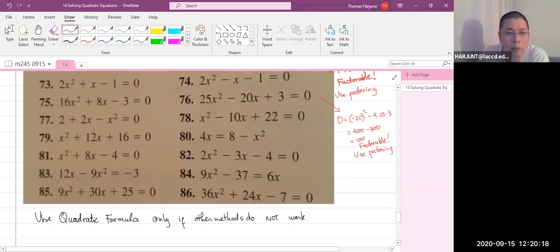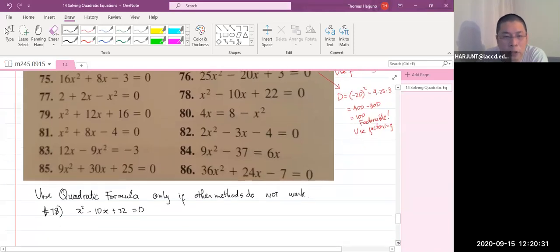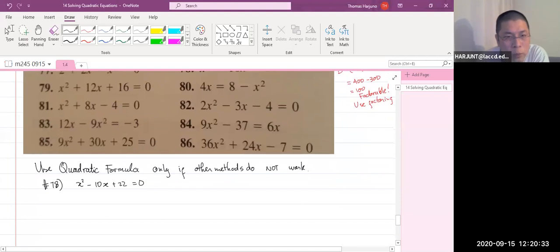Now, for example, number 78. Number 78 is not factorable. See, the leading coefficient is 1, okay? So if you try to factor it, what times what is 22, but the sum is 10?